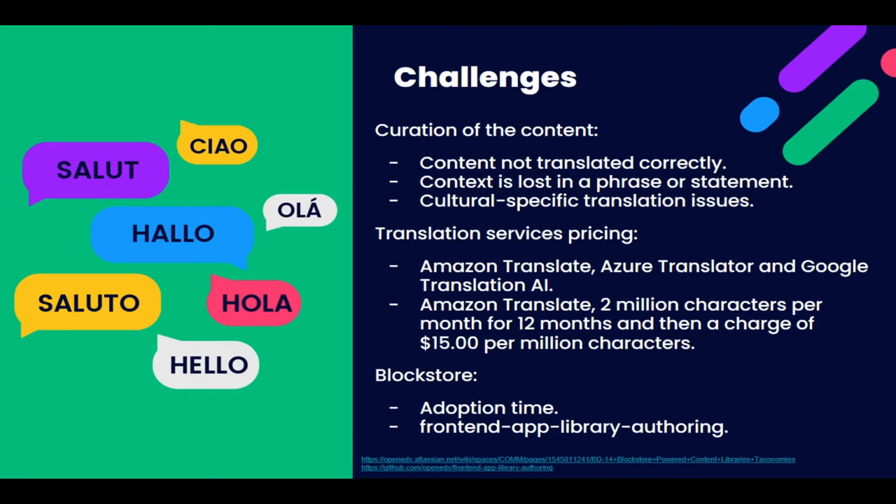The second is the translation services pricing, because we have a lot of services out there. I tried the Amazon Translate API, which allows you to have 2 million characters per month for 12 months in their free tier, and then charges you $50 per million characters. I also checked Azure Translate and Google Translate AI, and they have different pricing systems.